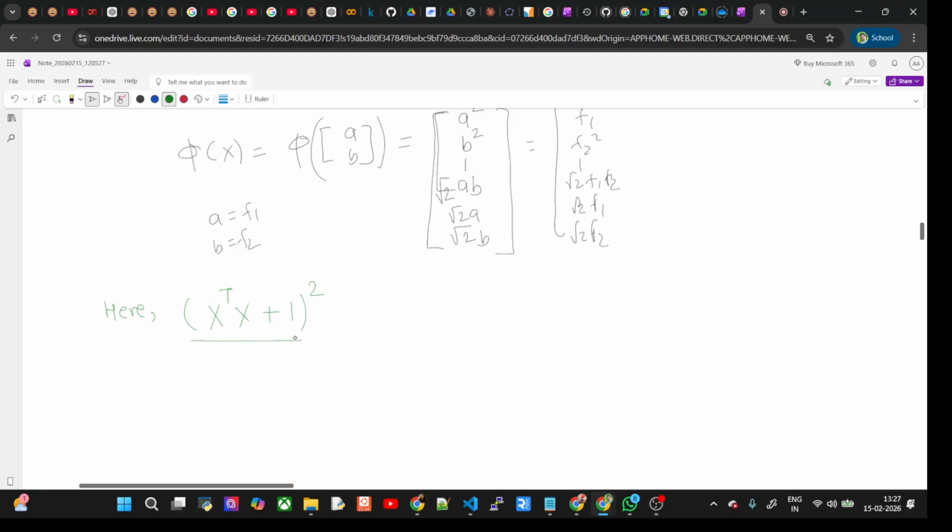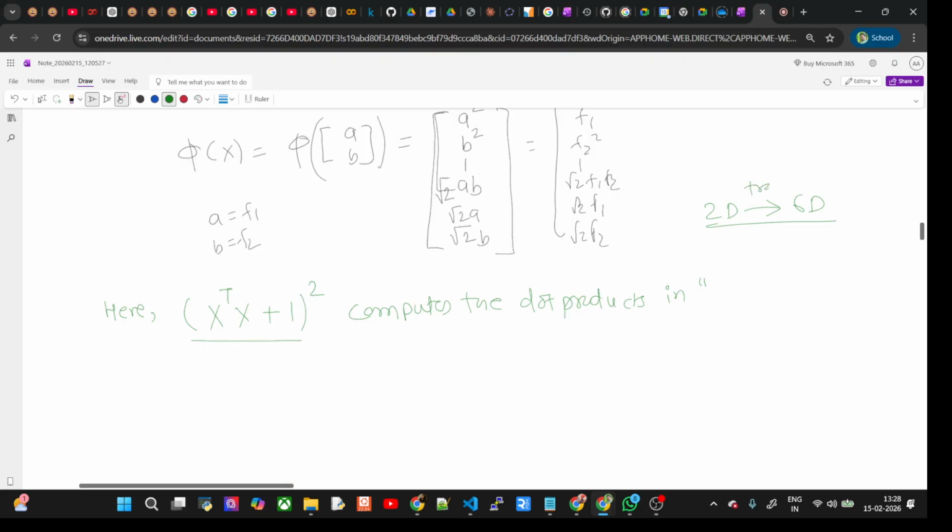This is a polynomial, as of now with square terms. So x transpose x plus 1 square computes the dot product in the transformed space, or in the higher dimension, because we are transforming the space from 2D to 6D. This is just an example, 2D to 6D.